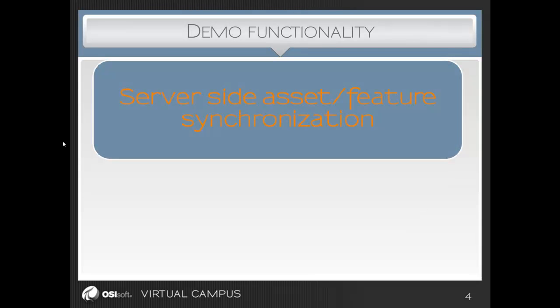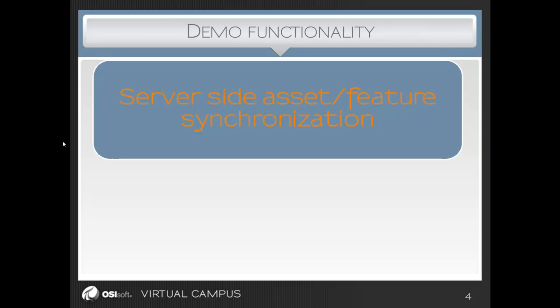First of all, a little bit on the demo functionality. There are really two key pieces here. First of all, we have a server-side asset or feature synchronization. What in the PI system we call assets are really what in ESRI terminology would be called a feature.